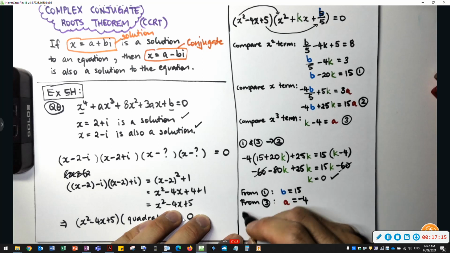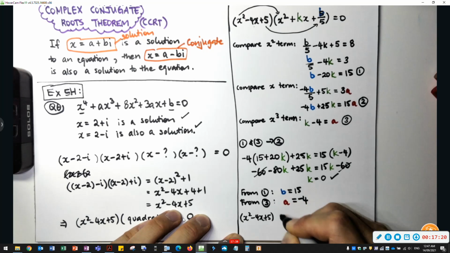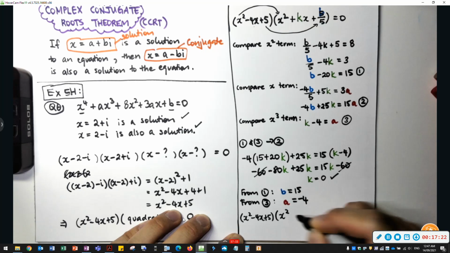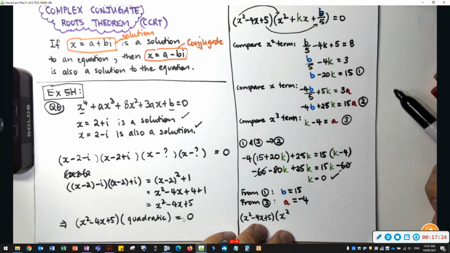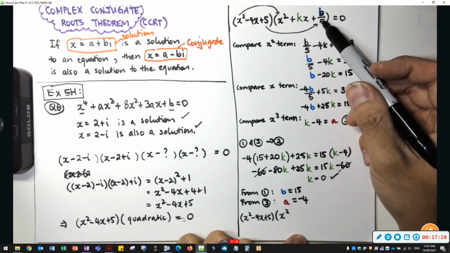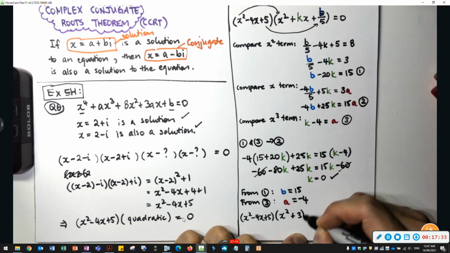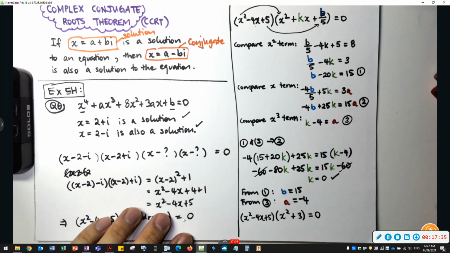So here, my equation has now become x squared minus 4x plus 5. Second bracket will be x squared, no k, so plus b, which is 15, plus 3, okay, equals 0.